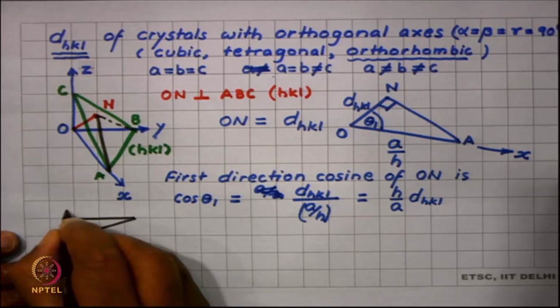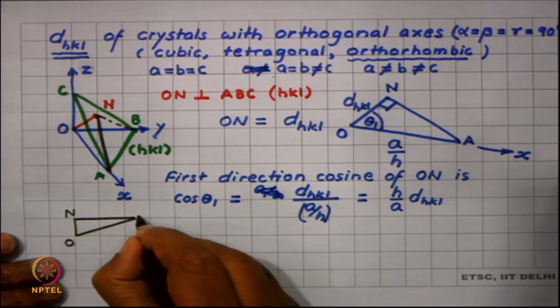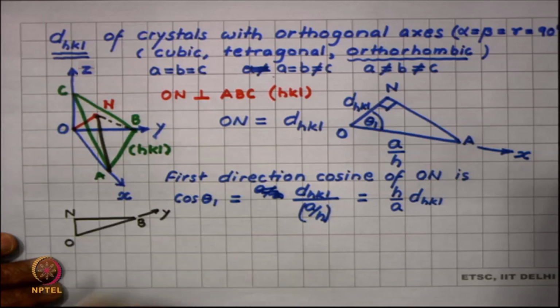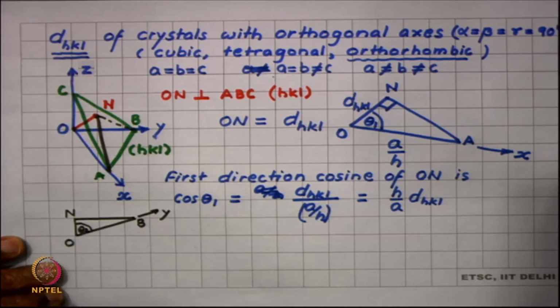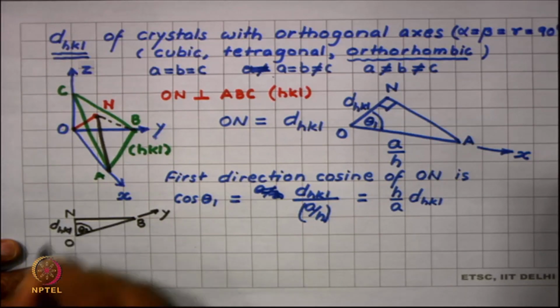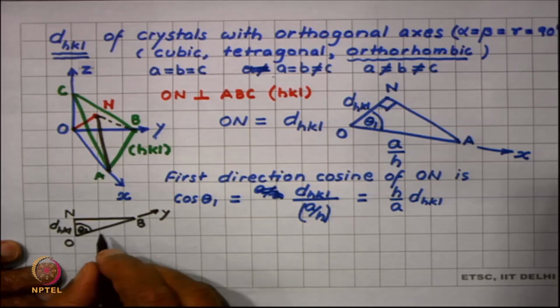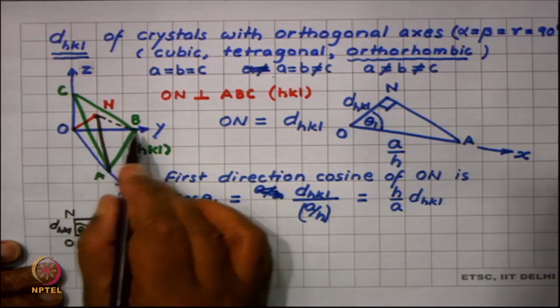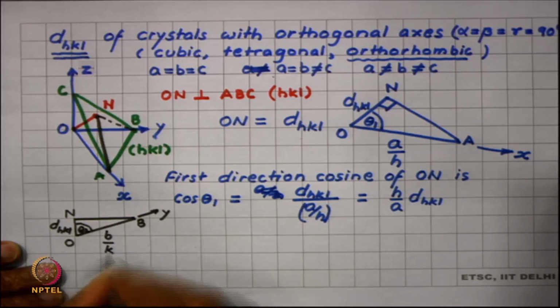I have O, I have N, and here is the B, this direction is the y axis, this is theta 2, ON is still d_hkl, and OB, which is the hypotenuse, is the second intercept of the plane. So, this is b by k.